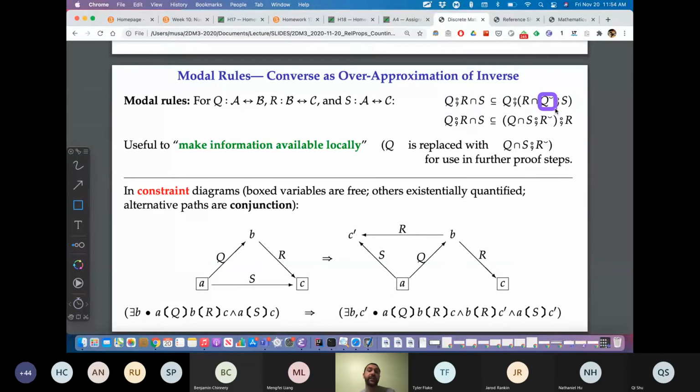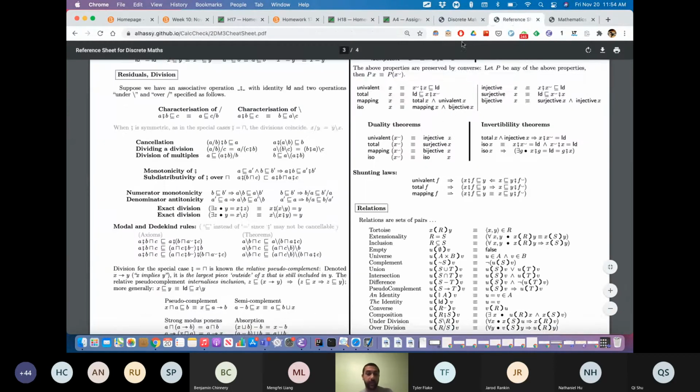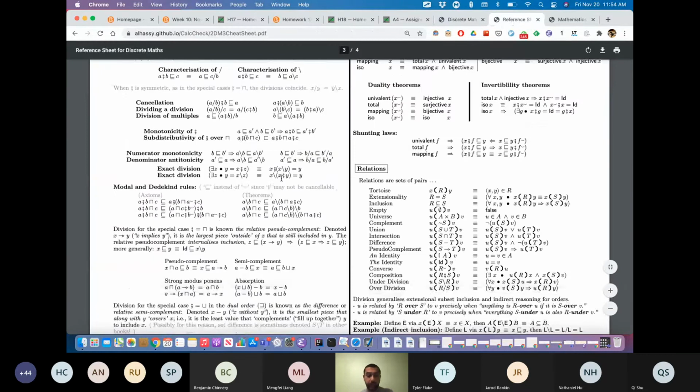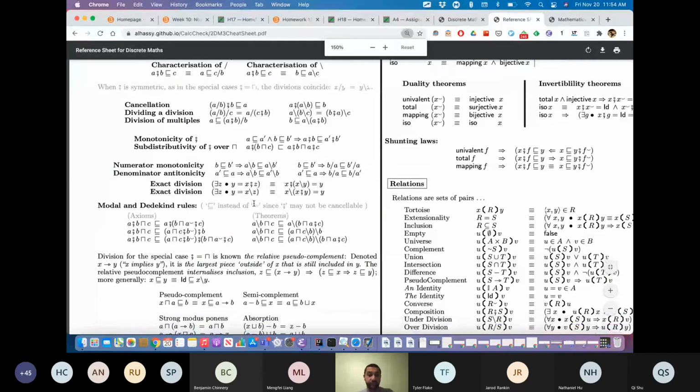I'm going to divide essentially by Q inverse. Okay, so you may have seen this formula. You may be more comfortable seeing it using division, right?